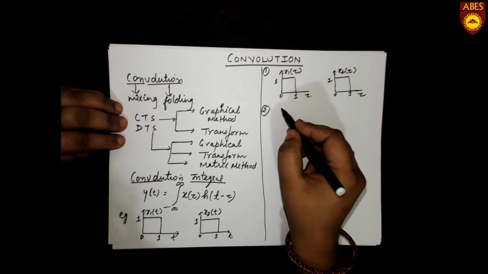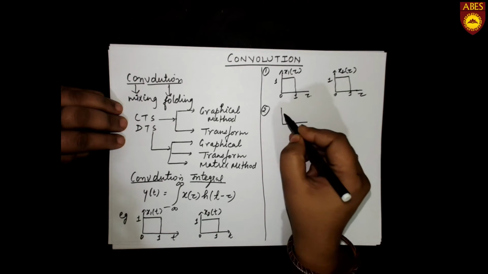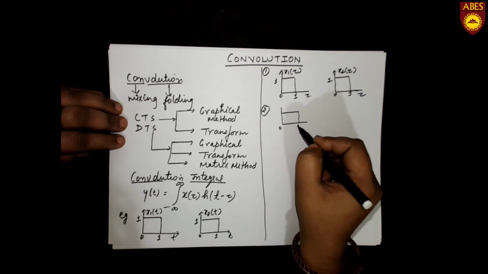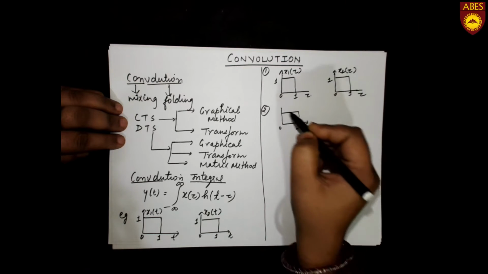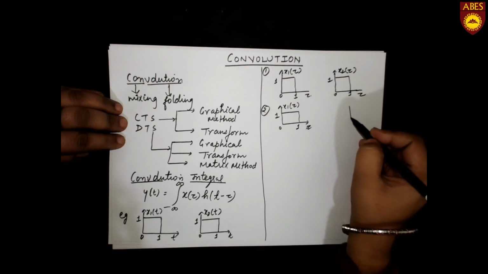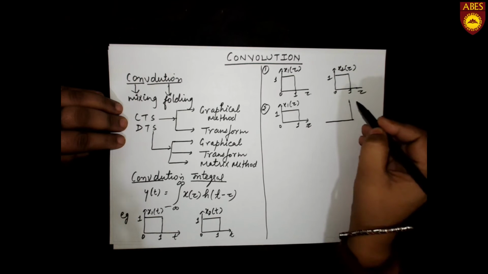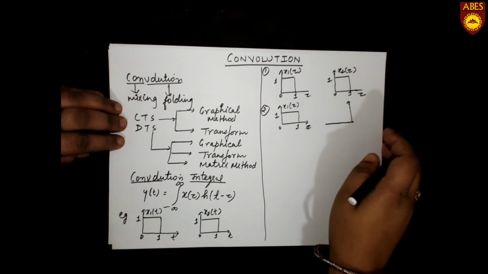So the second step is folding of the signal. Keep the first signal as it is, 0 to 1, x1(tau), and fold the second signal. Folding means you are making plus tau as minus tau and minus tau as plus tau.